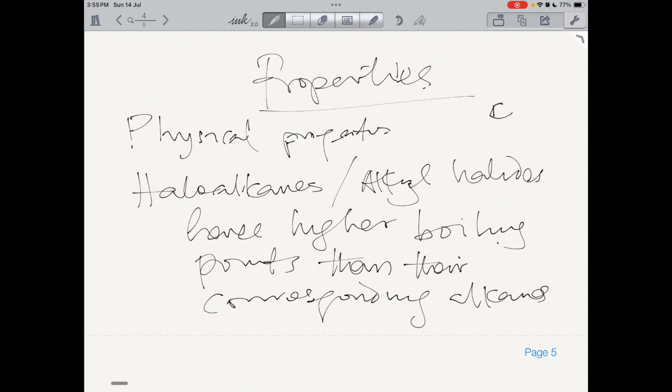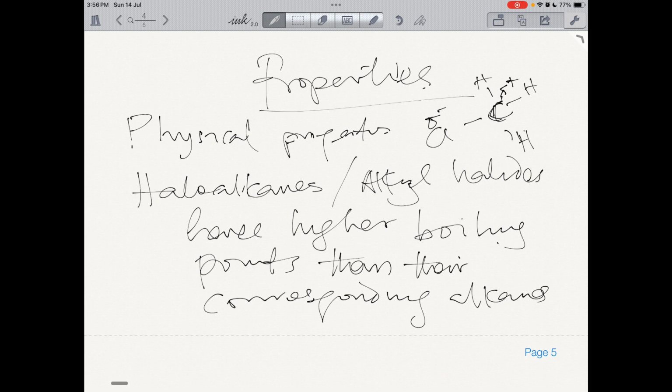When you have carbon connected to hydrogen, hydrogen, hydrogen, and then chlorine, chlorine is electronegative, so it draws electrons towards itself, becoming delta negative, and the carbon acquires a delta positive.